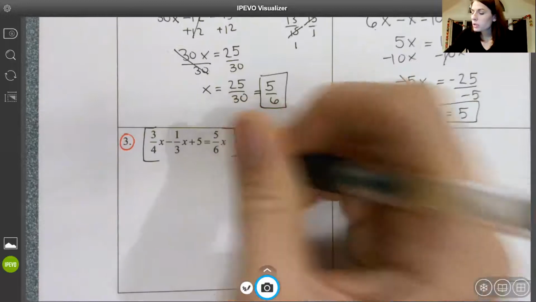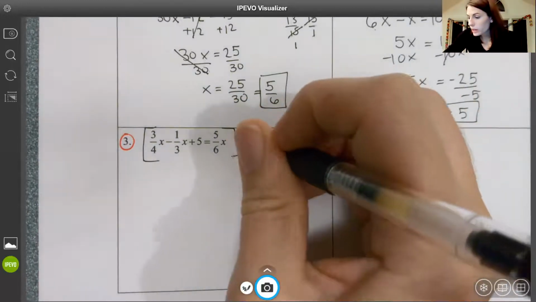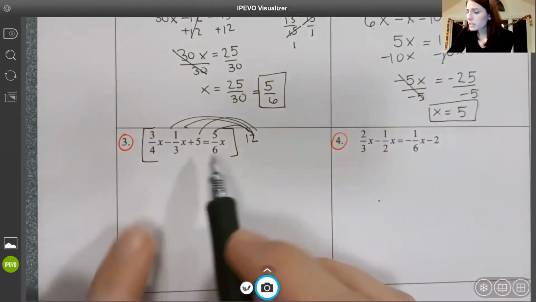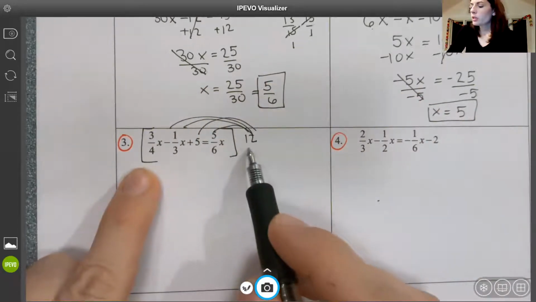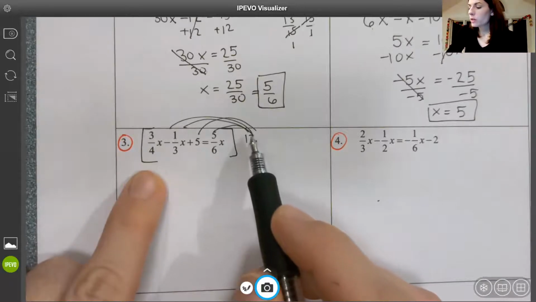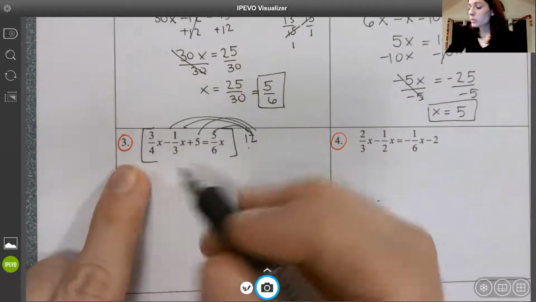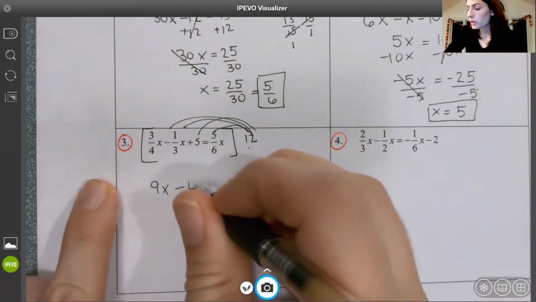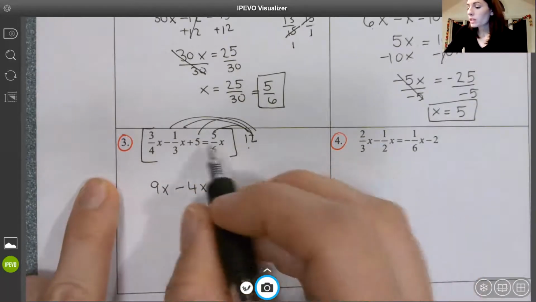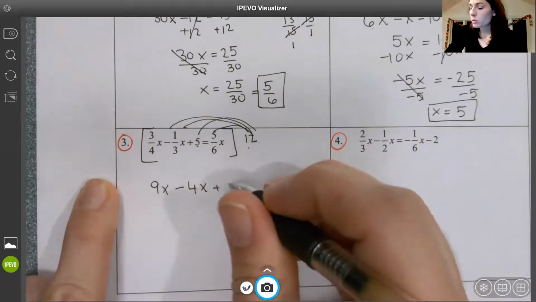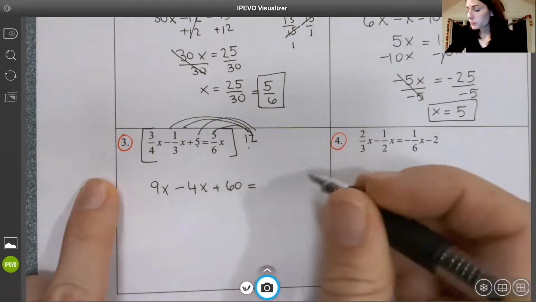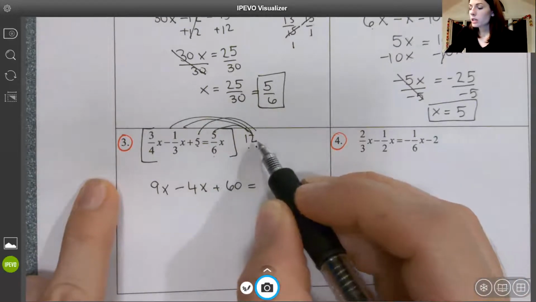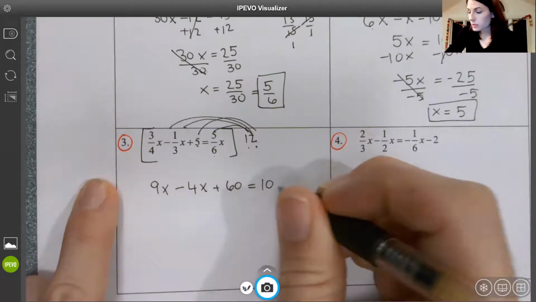The LCD between 4, 3, and 6 would be 12, and then multiplying through, I need to make sure I hit all terms. 12 times 3/4, well, 12 divided by 4 is 3, times 3 is going to give me 9x, minus a third of 12 should have given you 4x, plus 5 times 12, you don't want to miss that piece, gives me 60, equals 5/6 times 12 is going to give me 10x.